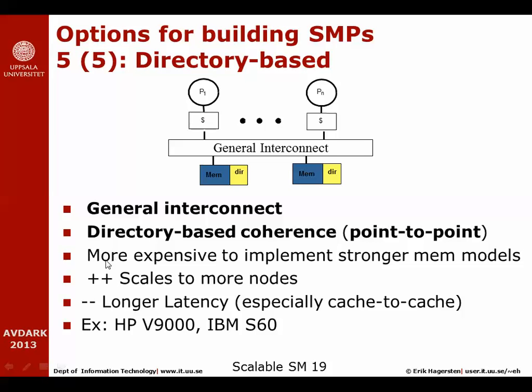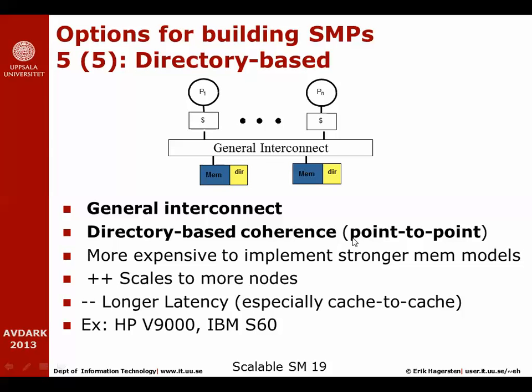This means that the implementation can be more scalable since we no longer have to rely on any kind of broadcast media. So we scale to more nodes, but as you will see, we also get an even higher latency here because more often we have to go across this general interconnect to the memory, and more specifically to the part of the memory called the directory.